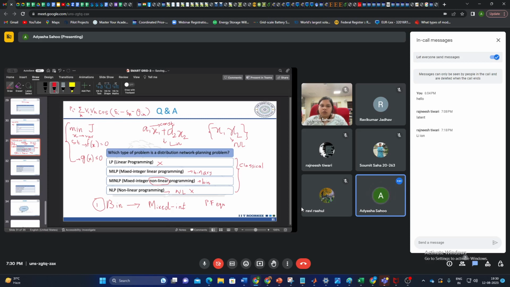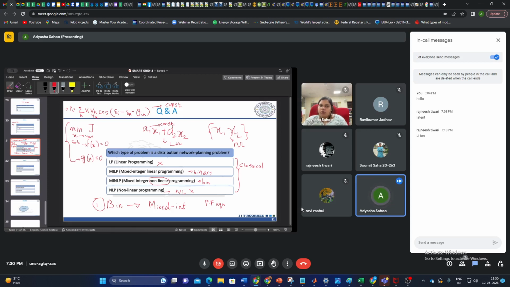This is for P, active power. Similarly for reactive power, you will have a sine component here. And these power flow equations you need to have as constraints in the distribution network planning problem, right? As I said, these are highly nonlinear due to the presence of multiplication between the variables plus the presence of these trigonometric terms.